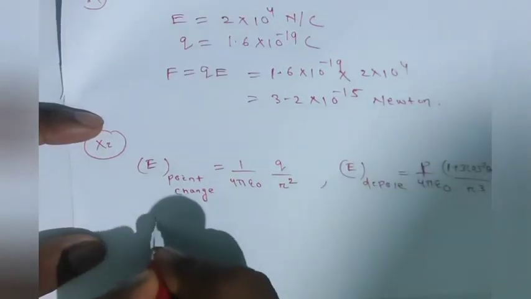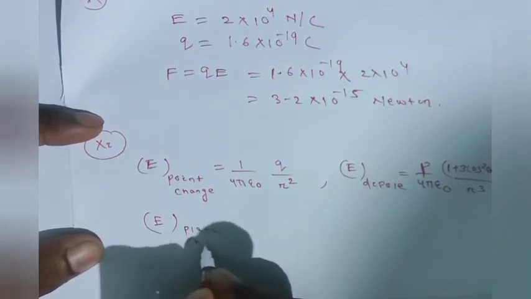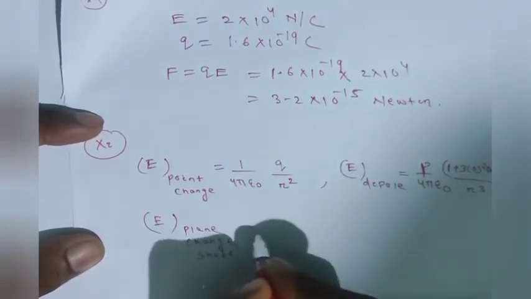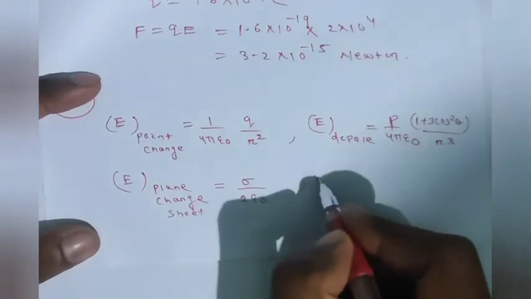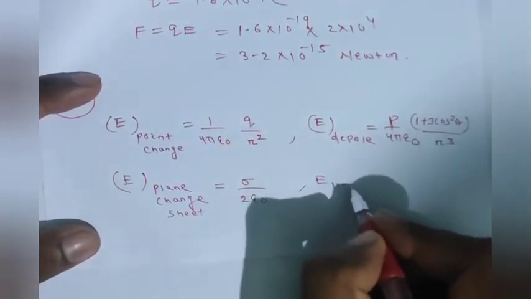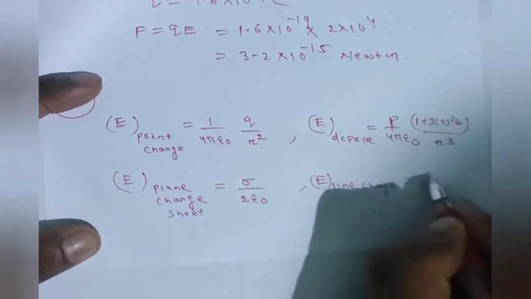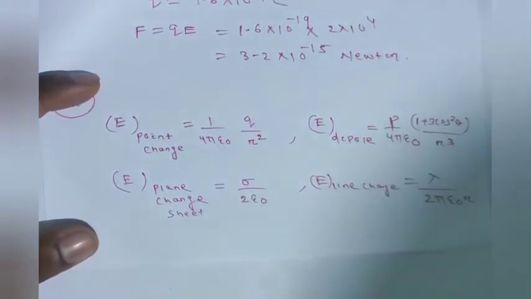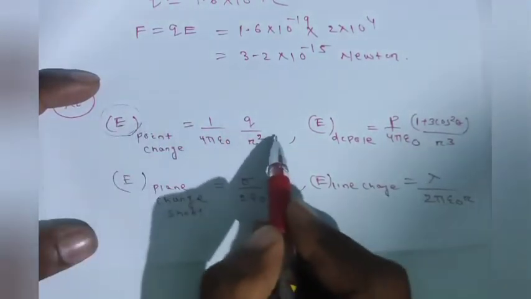And due to a plane charge sheet, the electric field is sigma by 2 epsilon naught. And due to a line charge, it is lambda by 2 pi epsilon r.